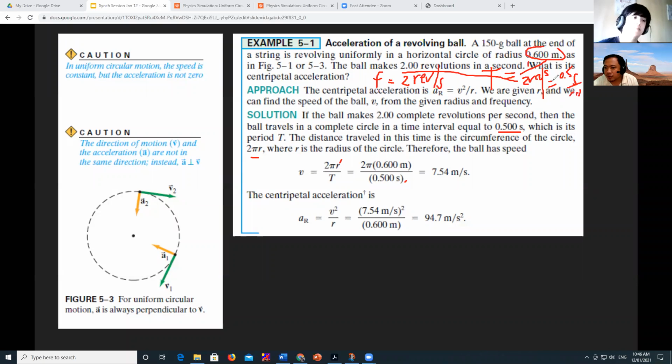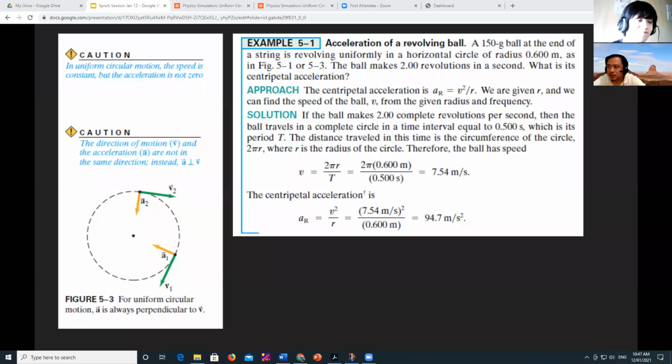So this period of 0.5 you put in the denominator. You proceed with the circumference, 2 pi, then the radius. You will have units of meters per second, which is the constant speed. Not velocity, the constant speed. There's no arrow here, so it means speed. And then the centripetal acceleration is v squared over r, so you can get that from those values. Okay?